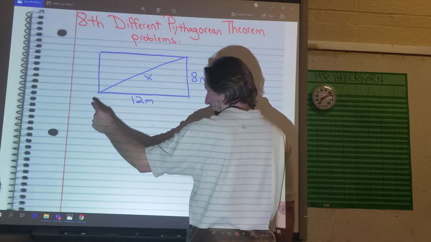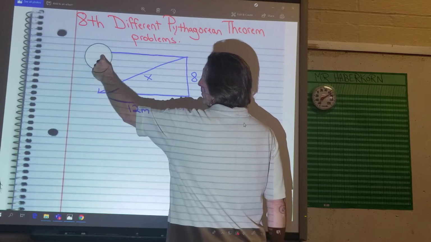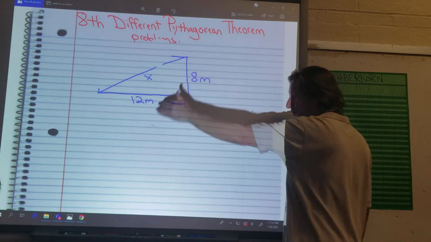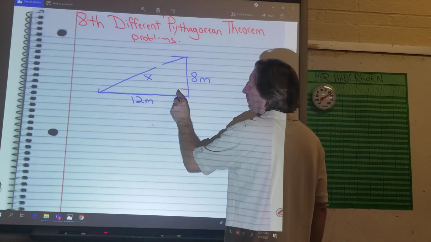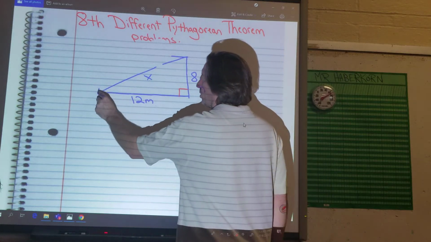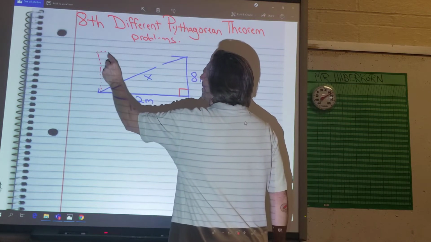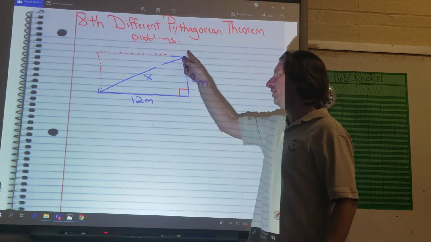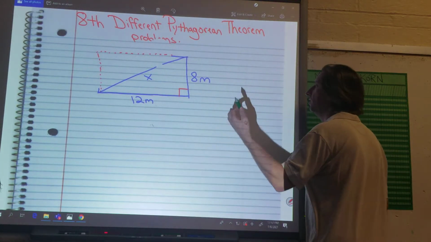So if I took some of this out, we can see that we have a right triangle, and here's our right angle. Just because the rest of this rectangle is here doesn't mean that you don't still have a right triangle here. Okay, so to solve this, it'll be really simple.